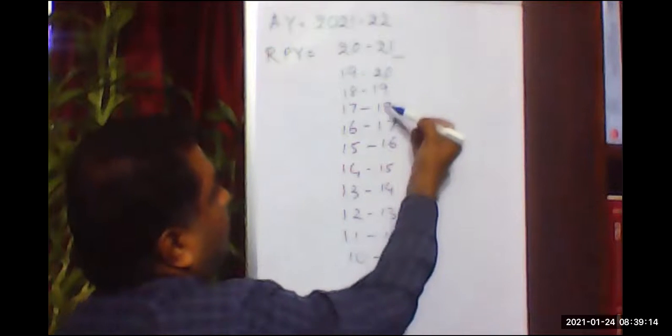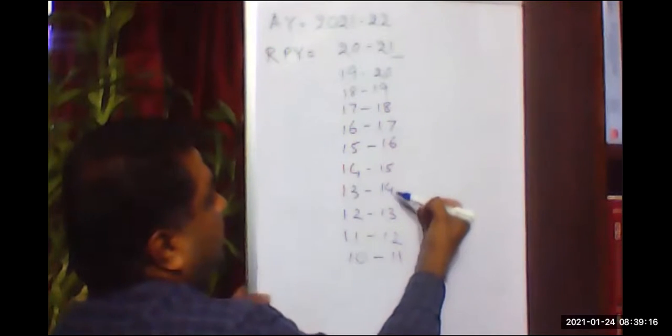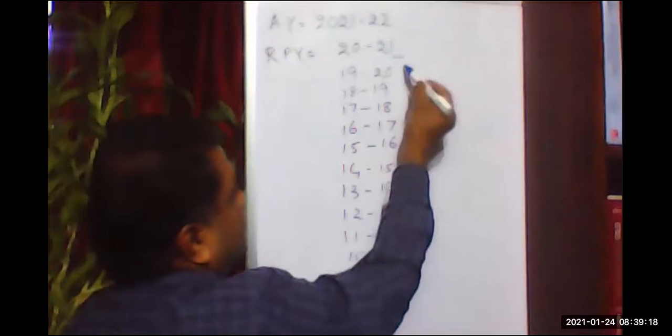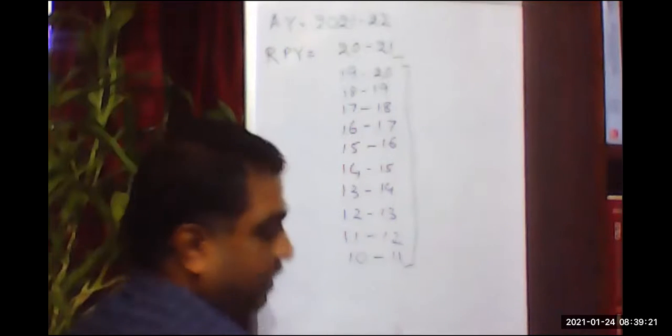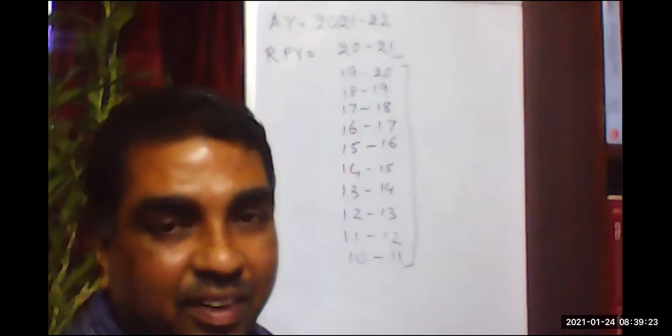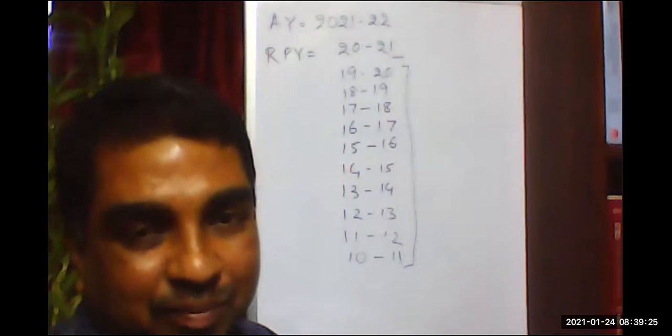Now you count: 1, 2, 3, 4, 5, 6, 7, 8, 9, 10. So these are the 10 previous years preceding the relevant previous year.